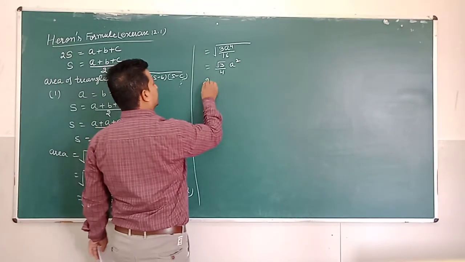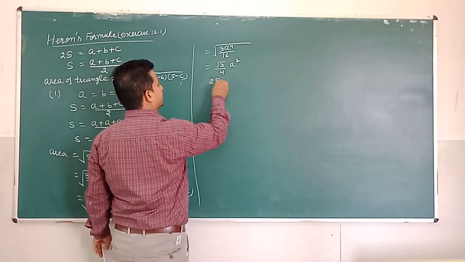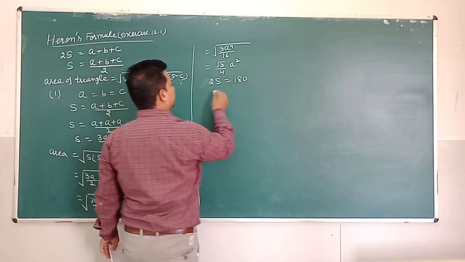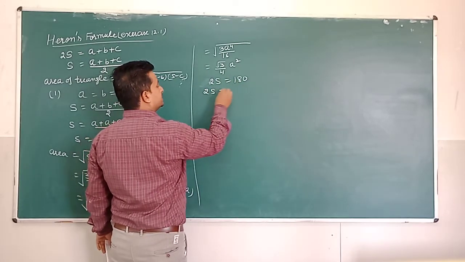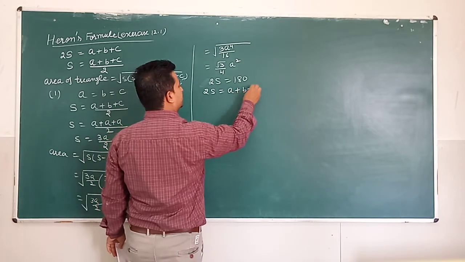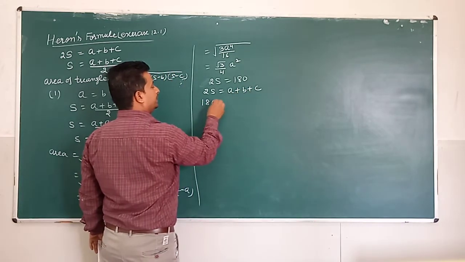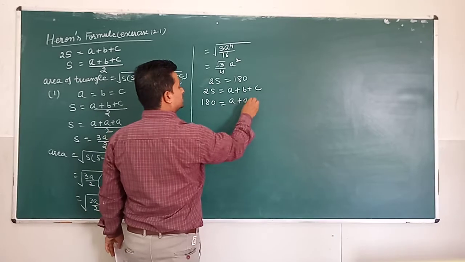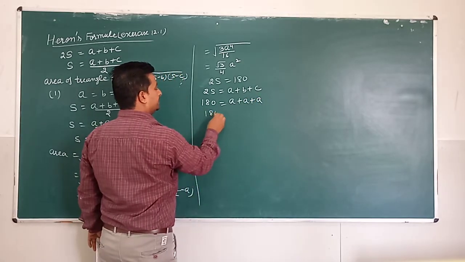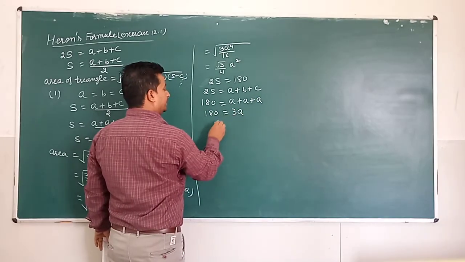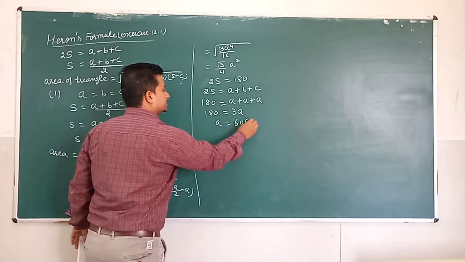And we are also given the perimeter, which is 2s. 2s is 180, so 2s is equal to a + b + c. All the sides are equal, so 180 is equal to 3a. a is 60 centimeters.